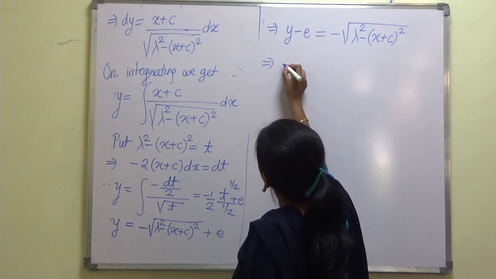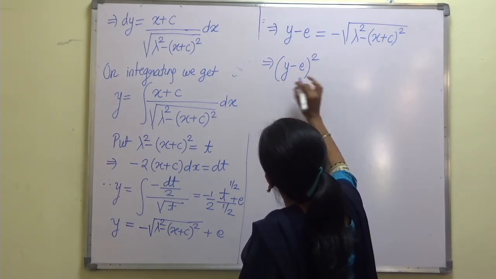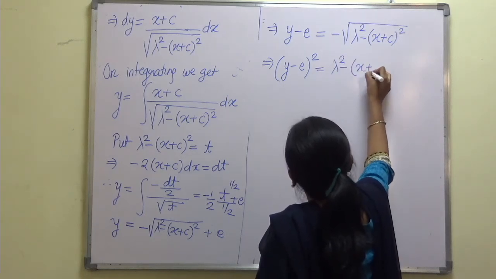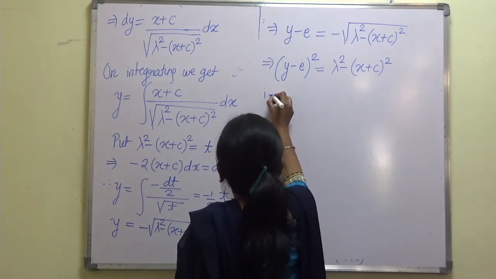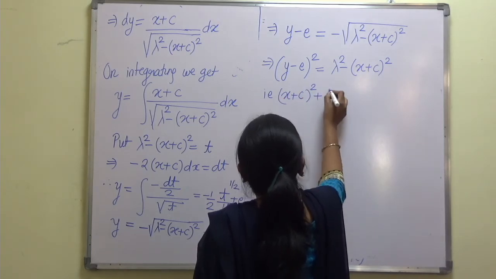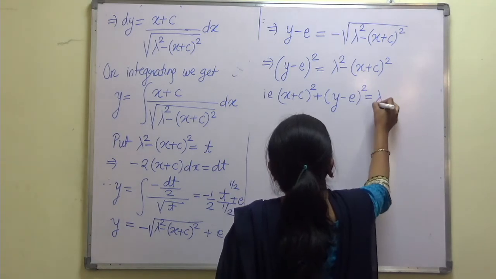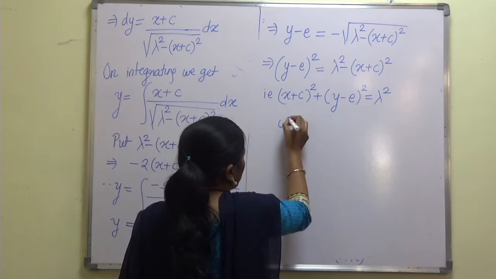Taking square on both the sides, we have (y minus e) whole square equal to lambda square minus (x plus c) whole square. That is, I can write it as (x plus c) whole square plus (y minus e) whole square equal to lambda square, which is nothing but what? A circle.